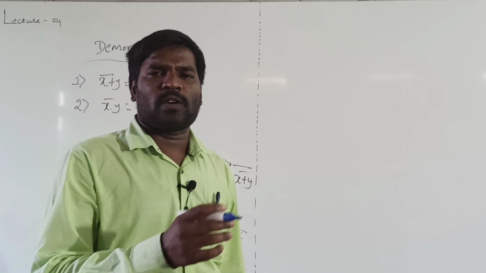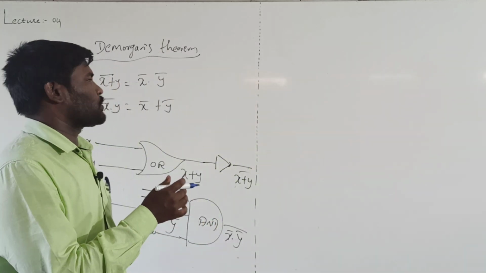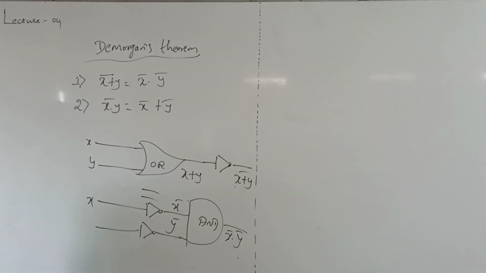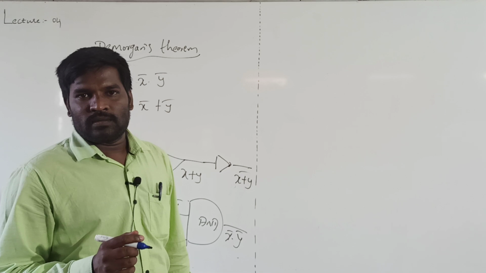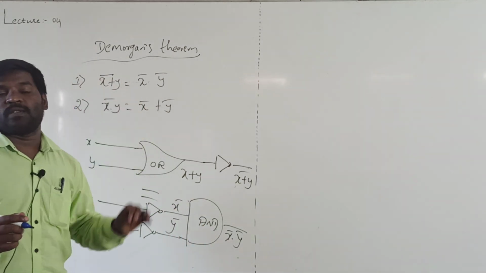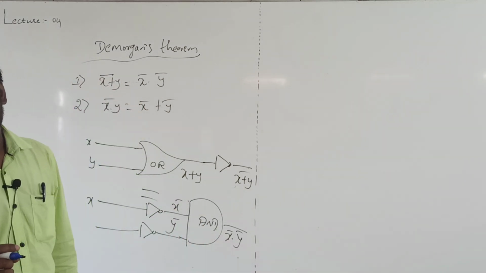With the help of complementary laws, we can prove De Morgan's theorem. If we prove using the complementary laws, then the first theorem of De Morgan's is finished.